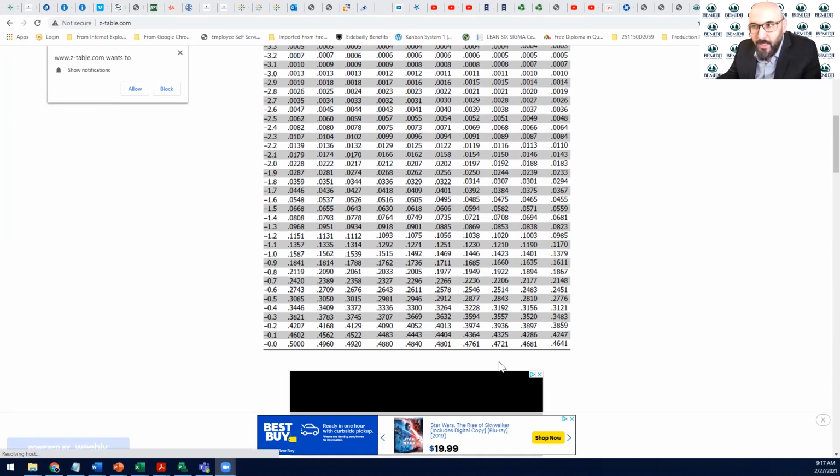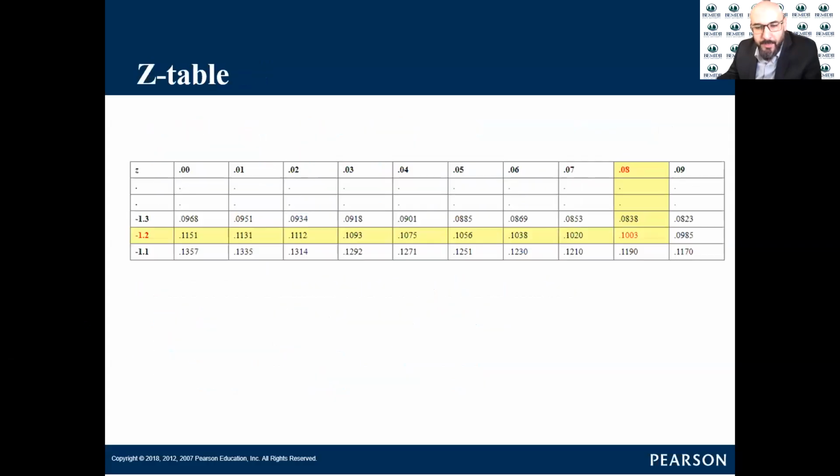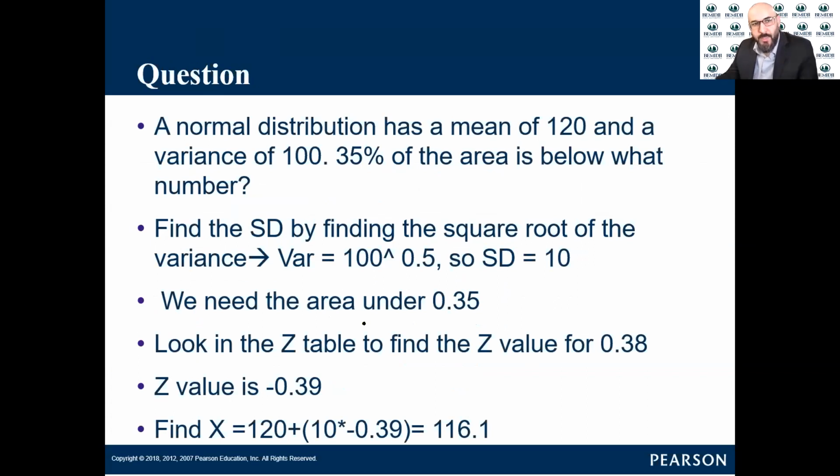So going back and writing this down, 1.28 is the z value, and then you could apply the rest of it. So here's what we did: we looked inside the body of the table to find the value closer to 0.1, which is closer to 10%, and that would be it.